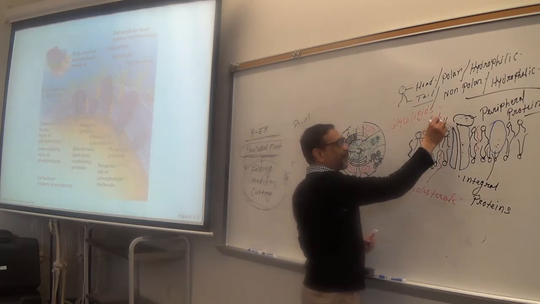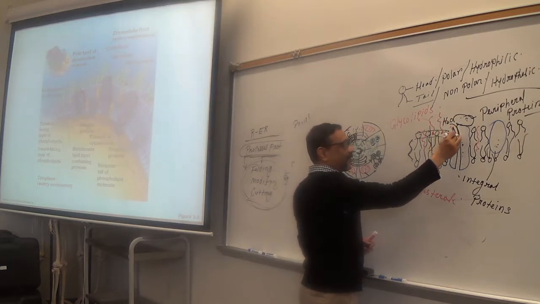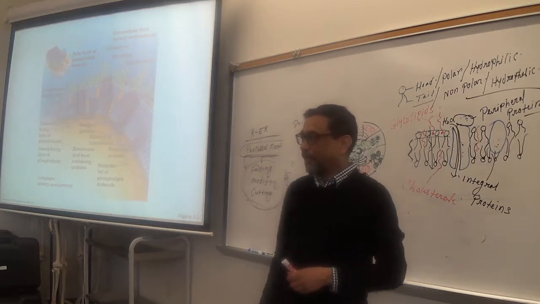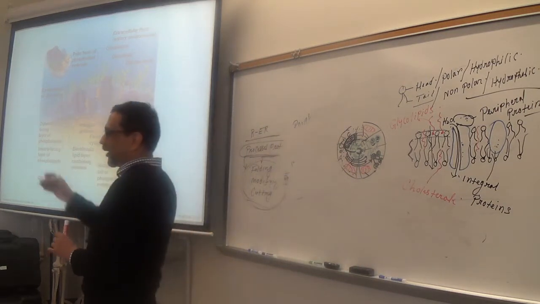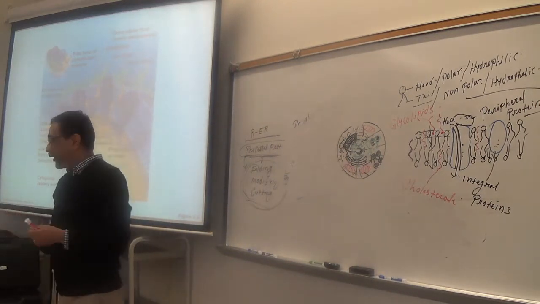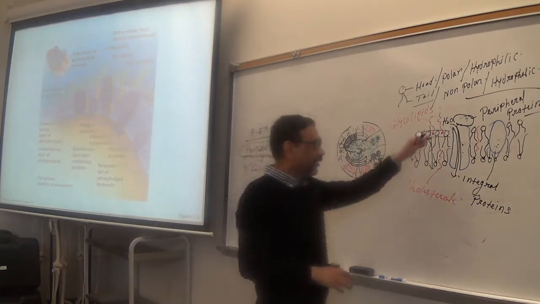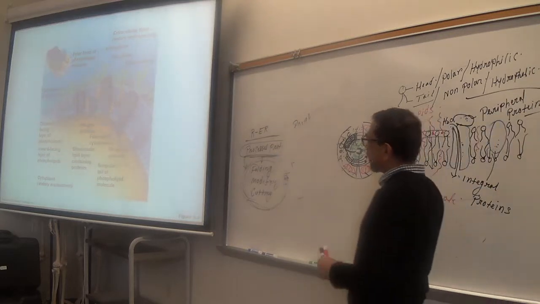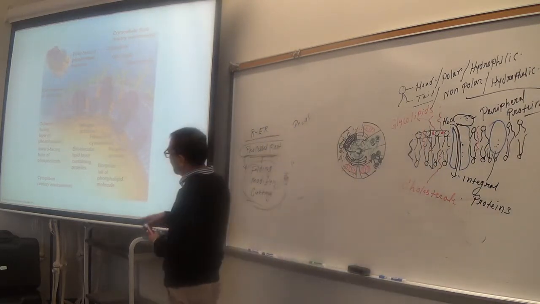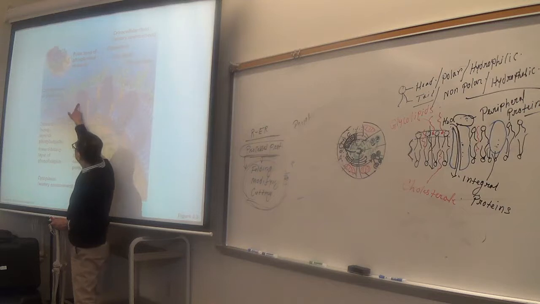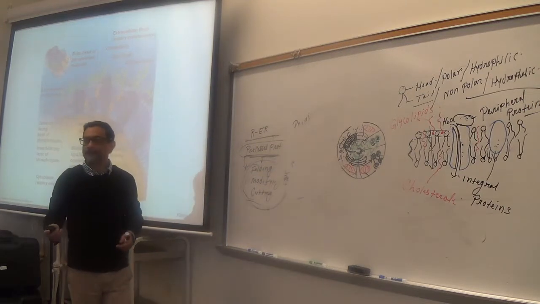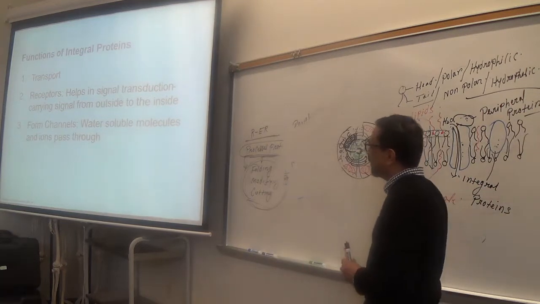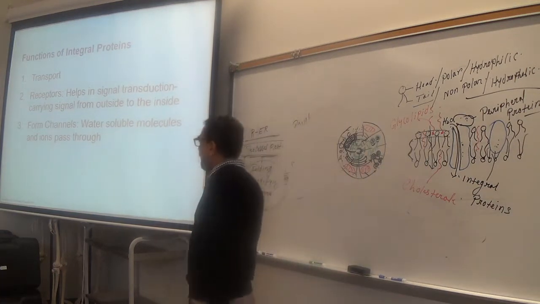So water can easily get in. Makes sense? So it will find a different path to enter into the cell. That's the channels through the proteins. Those are called the channel proteins. You see here, this one. Okay. So that is the structure of a cell membrane.